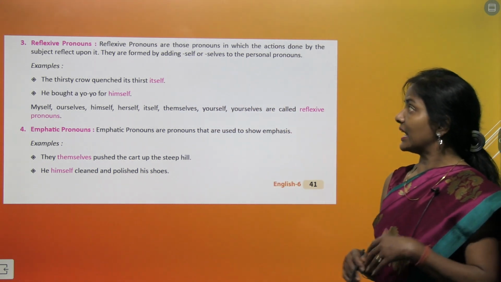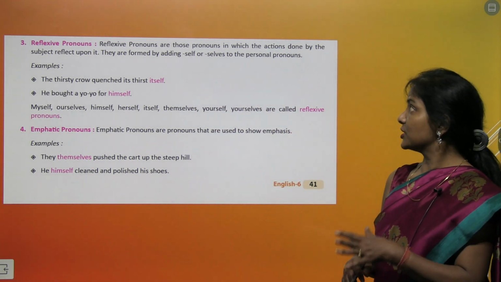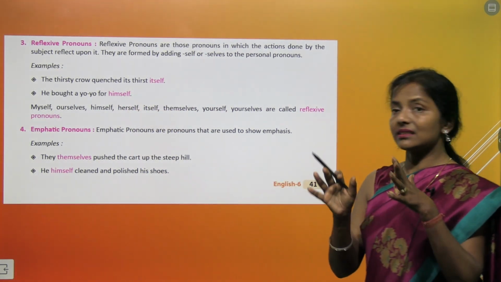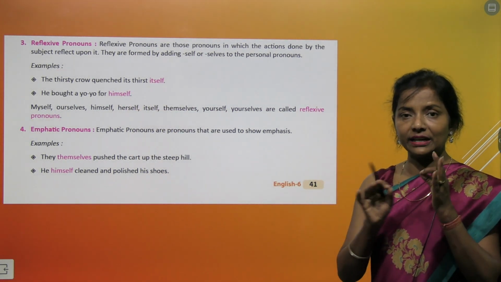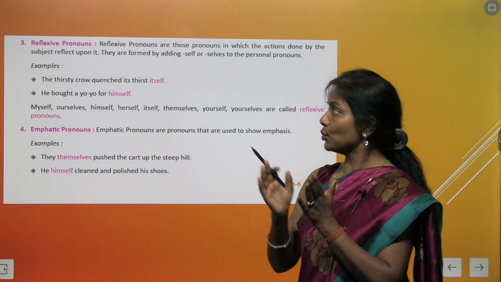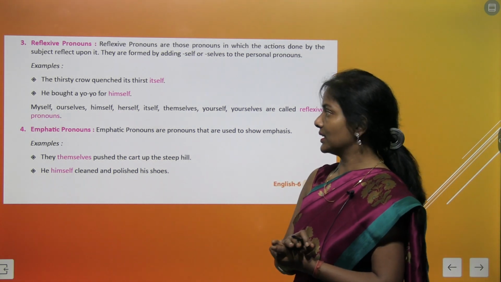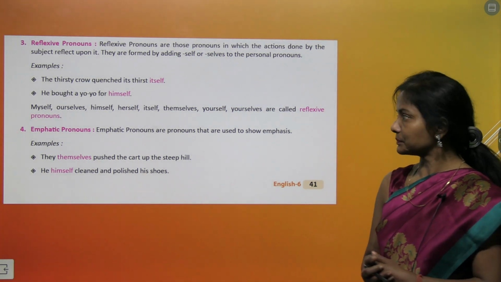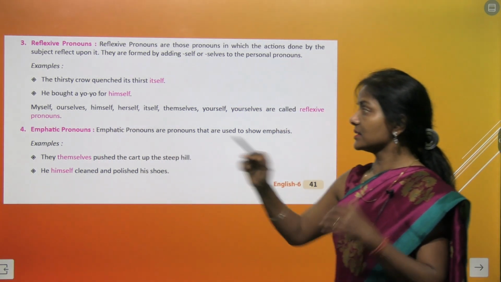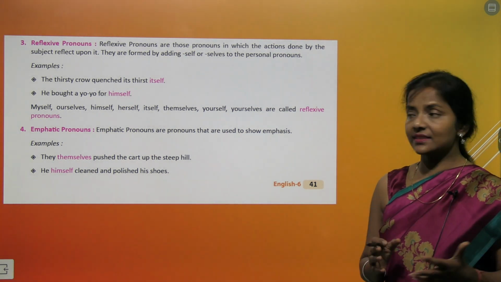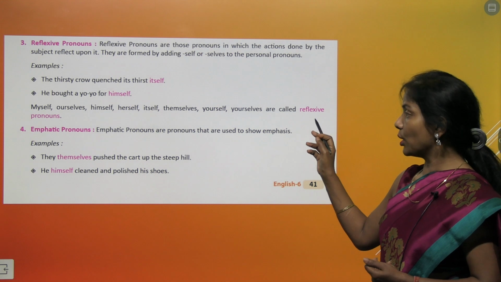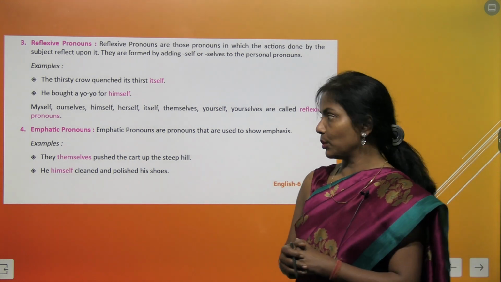They are formed by adding self or selves to the personal pronoun. The thirsty crow quenched his thirst itself. It के आगे हमने self लगा दिया तो ये reflexive pronoun बन गया. He bought a yo-yo for himself. Myself, ourselves, himself, herself, itself, themselves, yourself are called reflexive pronouns.